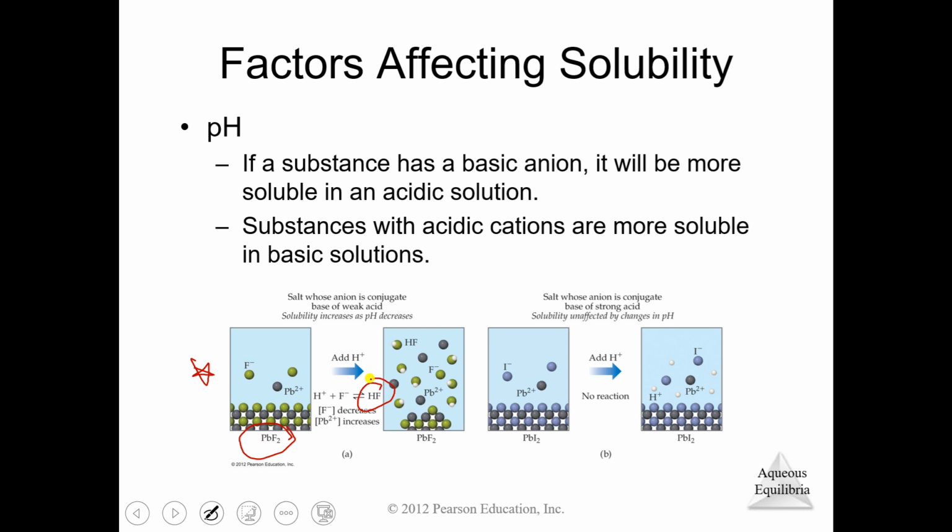If it's a strong conjugate base, then the solubility will increase as the solution becomes more acidic. Here, if we have the conjugate base of a strong acid, we're going to have no effect. Solubility does not change with changes in pH. If we added hydrogens to it, making it more acidic, it's not changed. The solubility doesn't change. If we made it more basic, it would change.